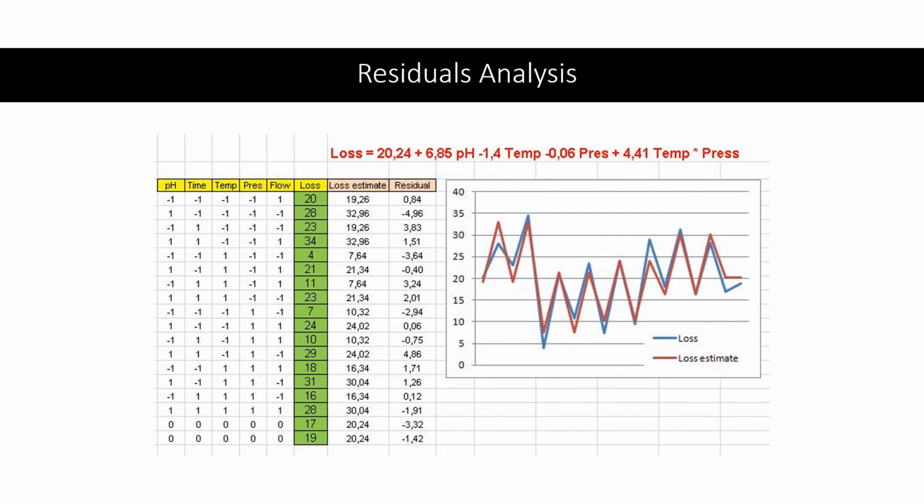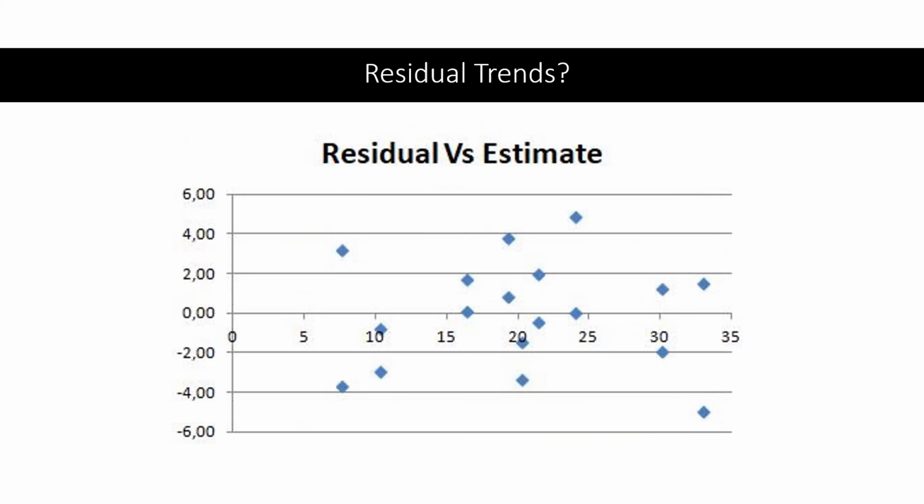We want to estimate the error we make by replacing our process behavior with this mathematical model. See sheet residuals. We subtract the actual loss values, measured in our process, from the estimates of our formula, to obtain the residuals. We see no trends of the residuals versus estimates, along the estimate range, so this is okay.